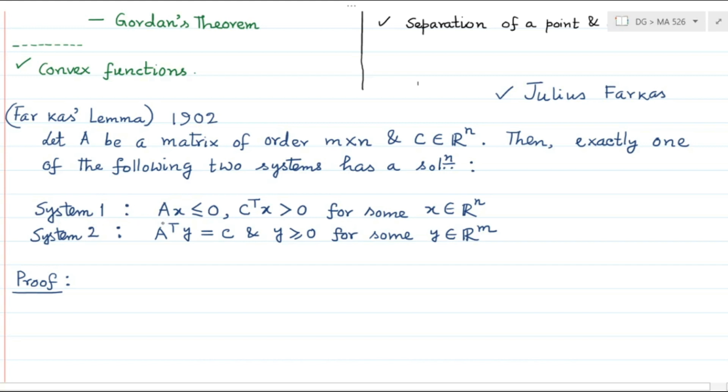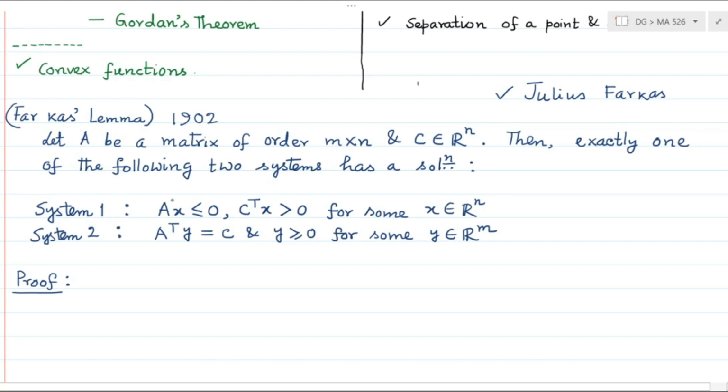that system 1 is a system of linear inequalities. If system 1 has a solution, then fine. If the system does not have a solution, then system 2 must have a solution. So you can check in either way. In order to check whether system 1 has a solution, you try to solve the set of linear inequalities.